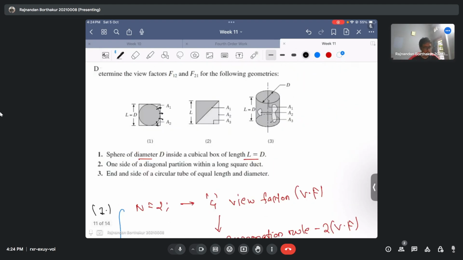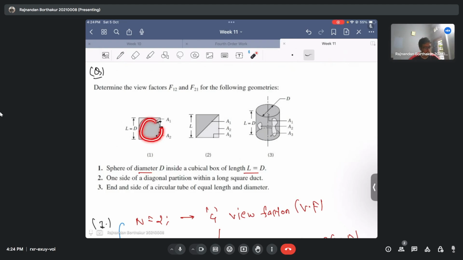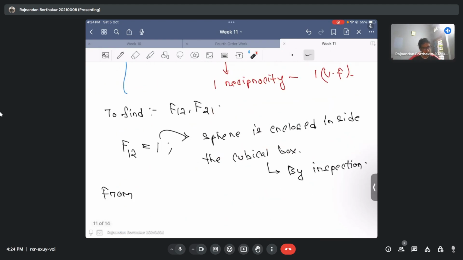Drawing the logic that this sphere is inside this cube, and this sphere is emitting radiation in all possible directions, although I have shown it exaggeratedly, this radiation cannot go out of this cube. Whatever radiation this sphere emits has to fall on the surface of this cube. Drawing the same conclusion, I can say that f12 is equal to 1.